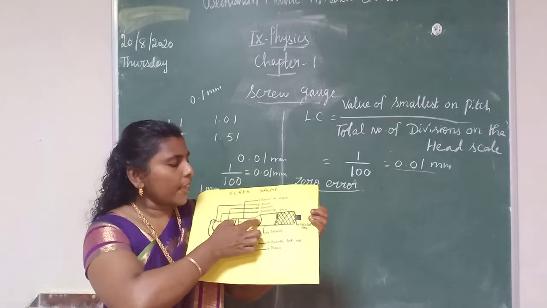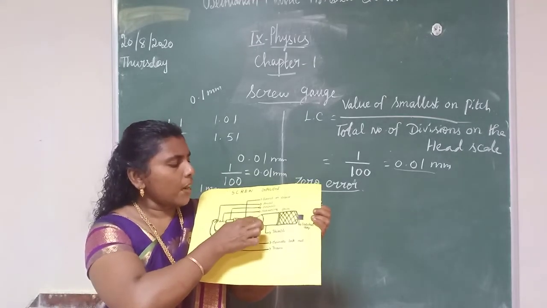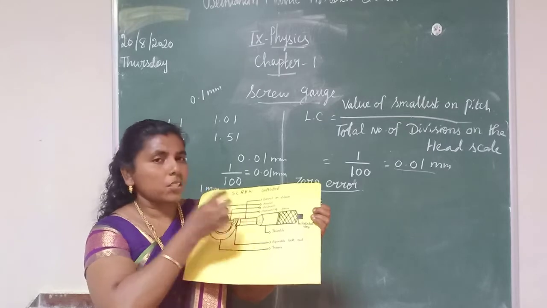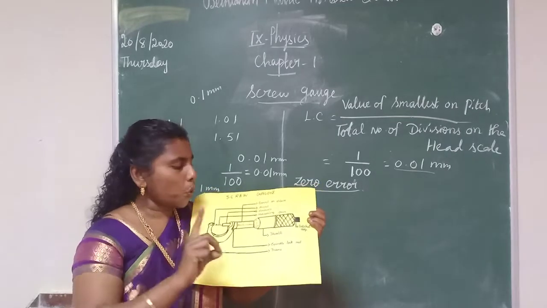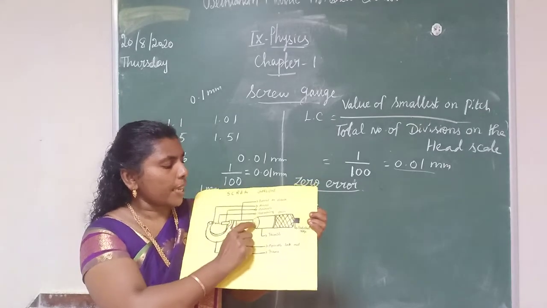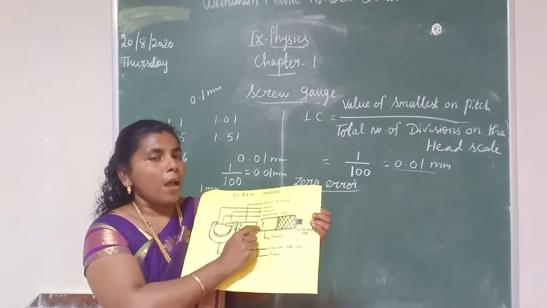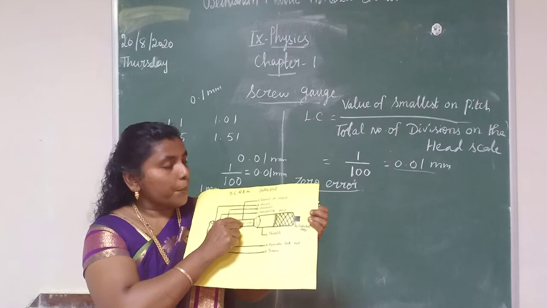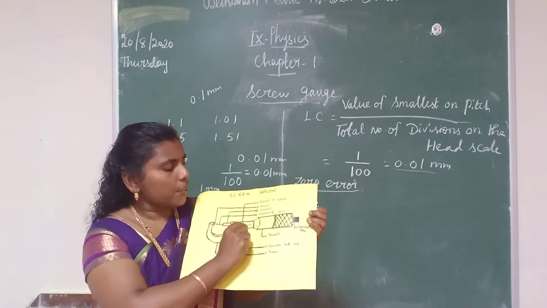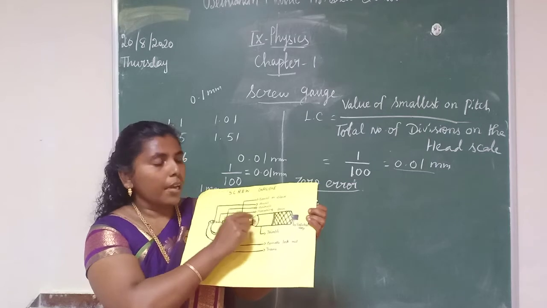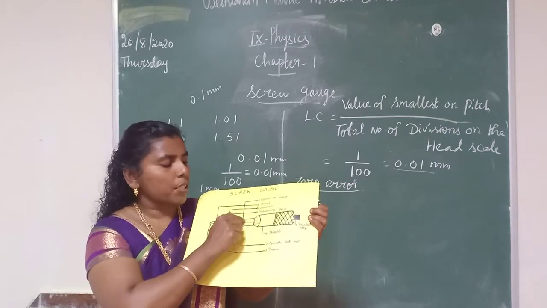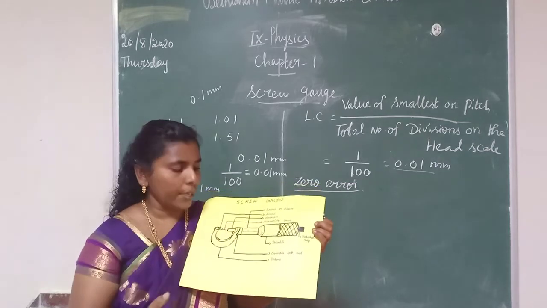So if the 0 of the head scale and the pitch scale axis coincide with each other, there is no error. This line is called the pitch scale axis. So the 0 of the head scale coincides with the pitch scale axis, there is no error.